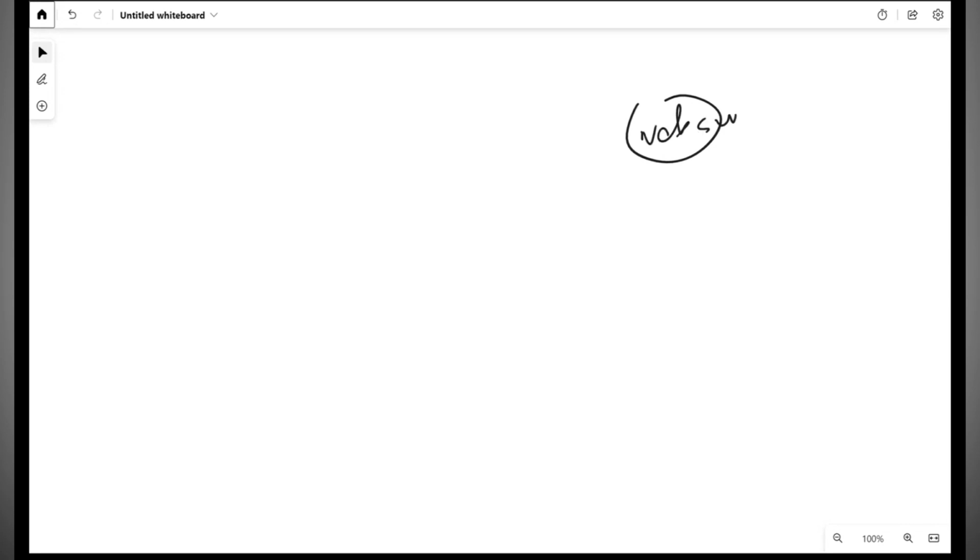This web server is responsible for the portal, where you can go and buy things. So consider they have one web server. If only one web server is there and a lot of traffic is hitting it, eventually it may choke.